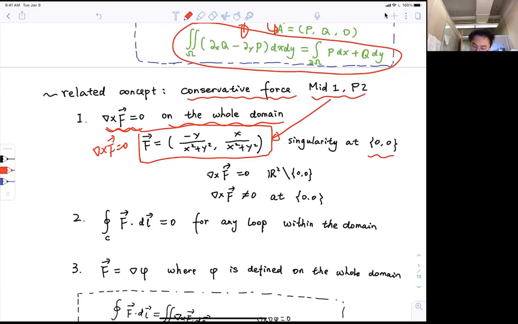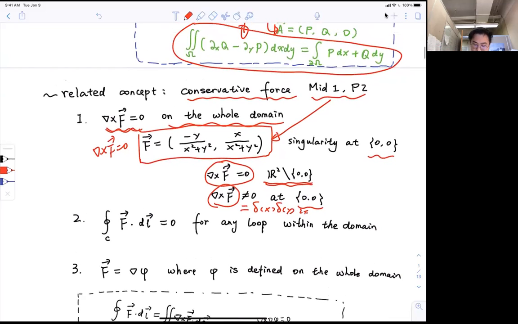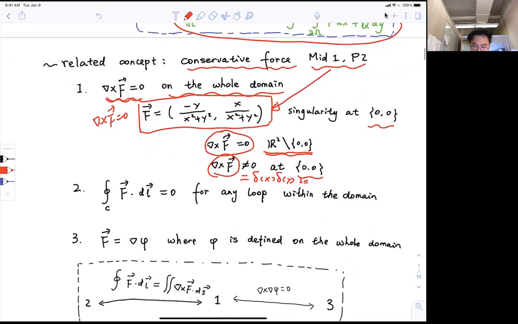So even though you calculate the curl to be 0, it's only true in this region. Actually, this curl is non-zero at the origin, the 0, 0 point. It's actually a delta function, if you remember the solution we posted on CCLE. So in this case, this F is not a conservative force, right?